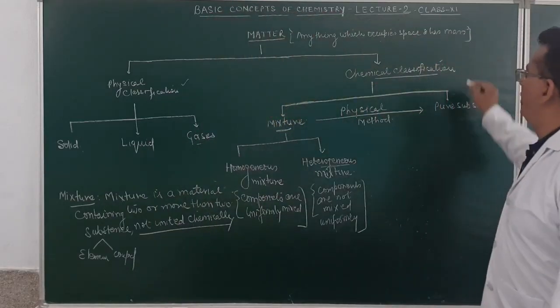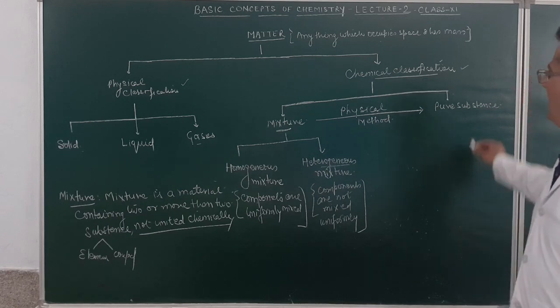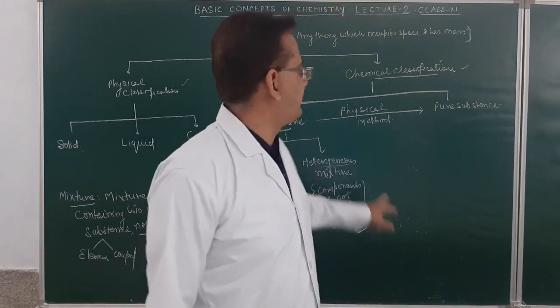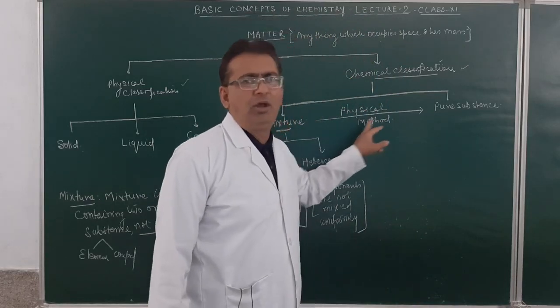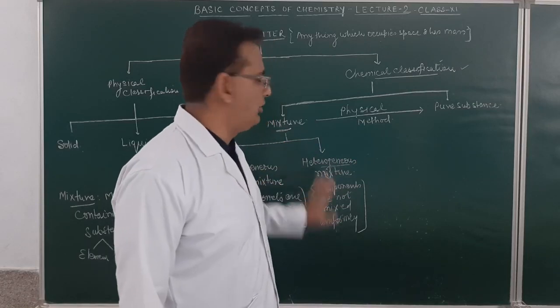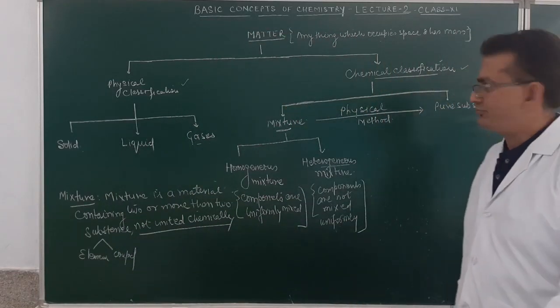Then, if you go for the chemical classification, it can either be mixture or a pure substance. Mixture can be separated into pure substances by the physical method of separation or by the chemical method of separation. Mixture can either be homogeneous or heterogeneous. Am I clear?